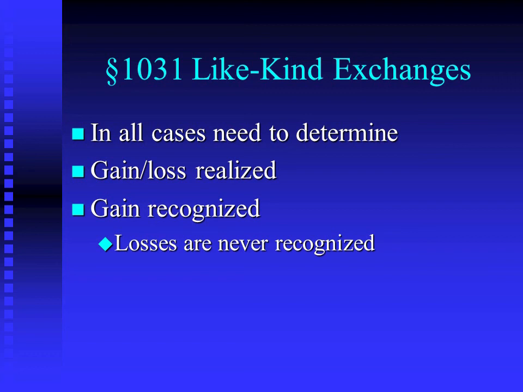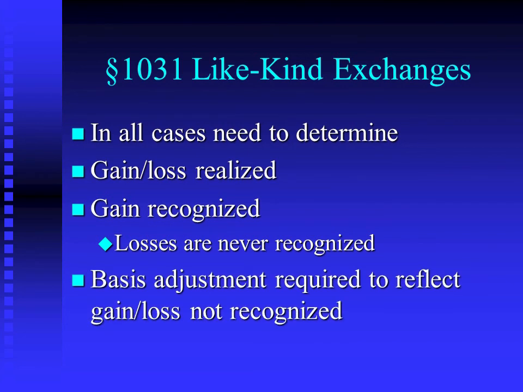When you engage in a like-kind exchange and you realize a loss, you will not recognize that loss, end of story. And then, of course, we have to worry about our basis adjustment. And this time we are going to decrease for gains not recognized and increase for losses not recognized, just like we did with the wash sales.